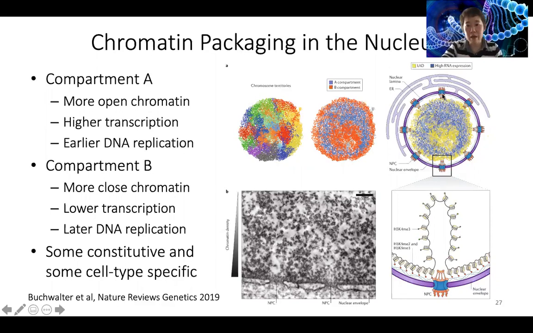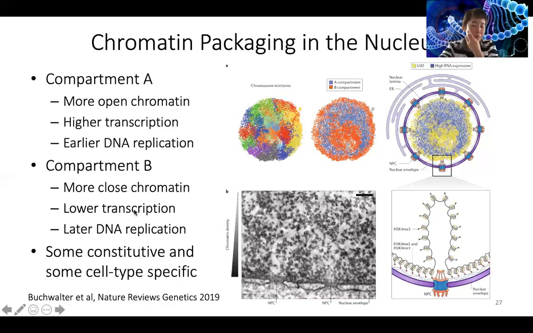Interestingly, because of these nuclear pores, imagine you have a very important transcription factor that suddenly gets activated. It can enter through the nuclear pore and go to this red compartment B region, and with enough binding to the chromatin, it can drag a particular region out from the red to the blue, and then that region can get activated.